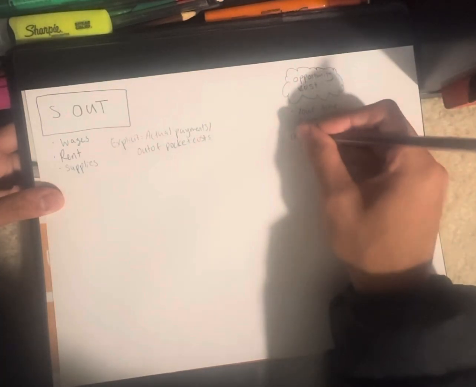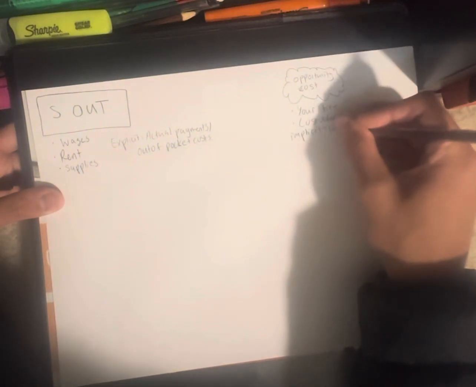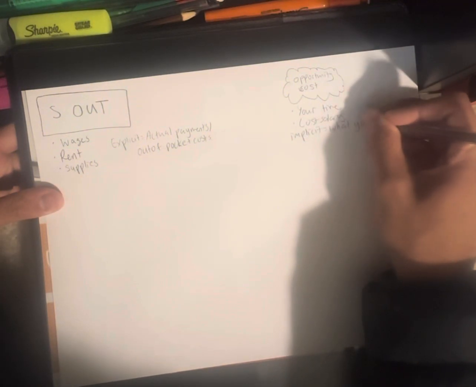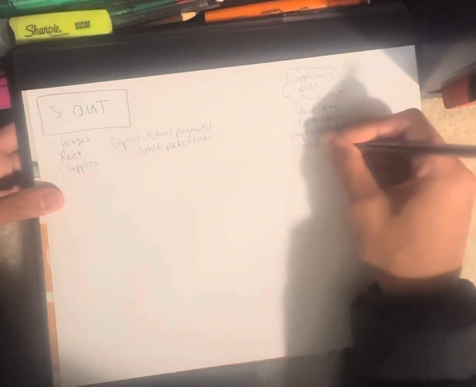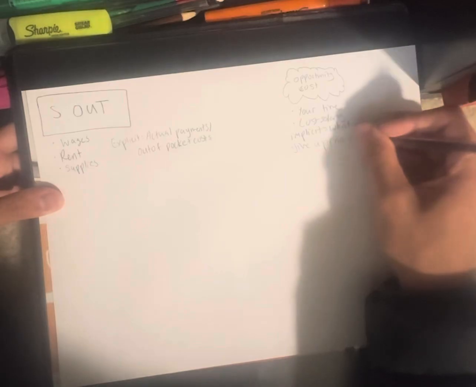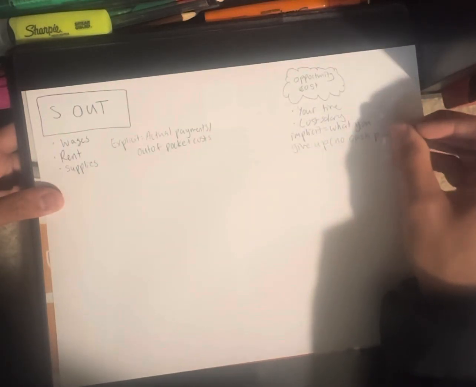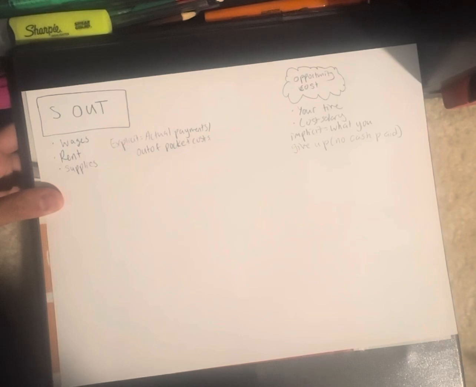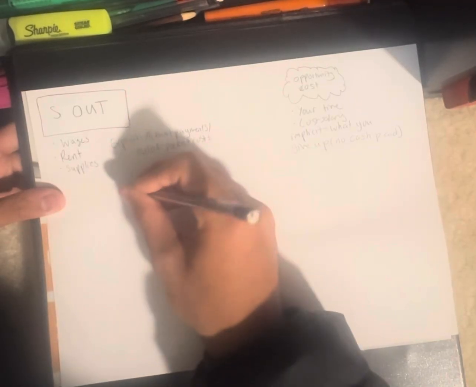Here are two examples which I've written down here: your own time and the salary you could have earned somewhere else. You don't write a check for these, but they still cost you because you could have used those resources in another way. So implicit is what you give up. It's just no cash paid.